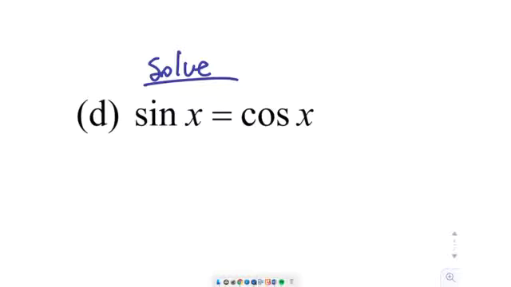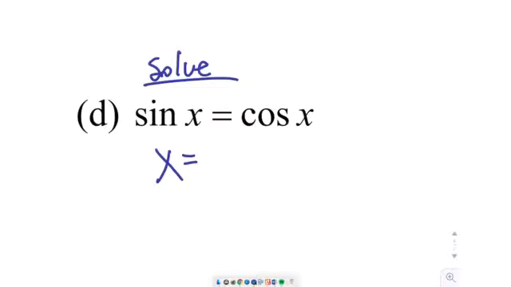Now this one here, some equations you don't have to solve algebraically. Some of them you could just solve by insight, clever intuition. We're looking for the angle x where sine equals cosine between 0 and 2 pi. For what angle do the sine and cosine ratios equal each other? Where do sine and cosine equal each other on the unit circle?